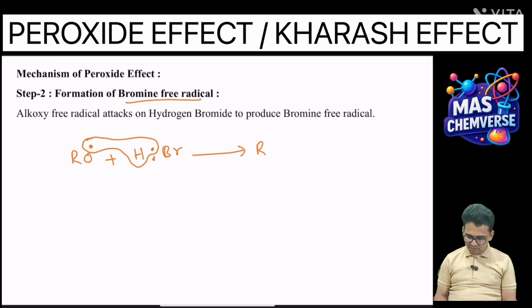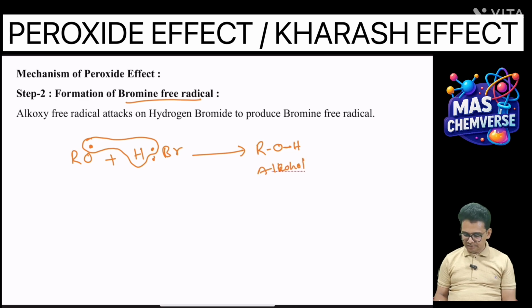That's why it forms RO, and with the two electrons it forms H. This is ROH. An alcohol is formed by the free radical taking the single electron from here.